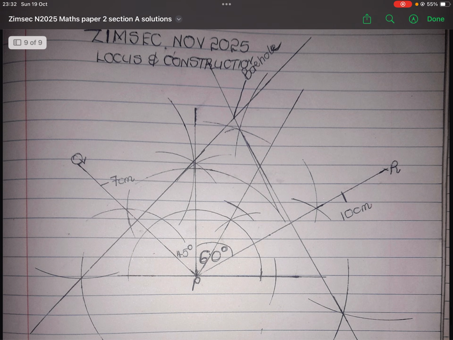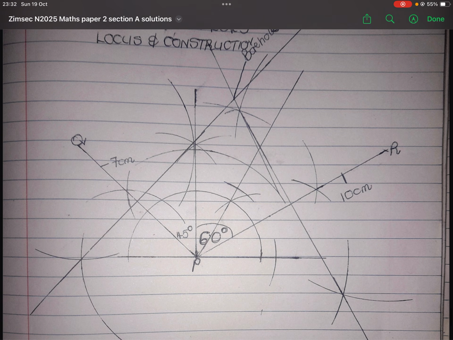I worked it before, so this was the solution I managed to get. So first of all, what I've done on this question, I constructed 90 degrees, and then after that, I constructed the angle bisector of 90 degrees on the side of northwest, right?